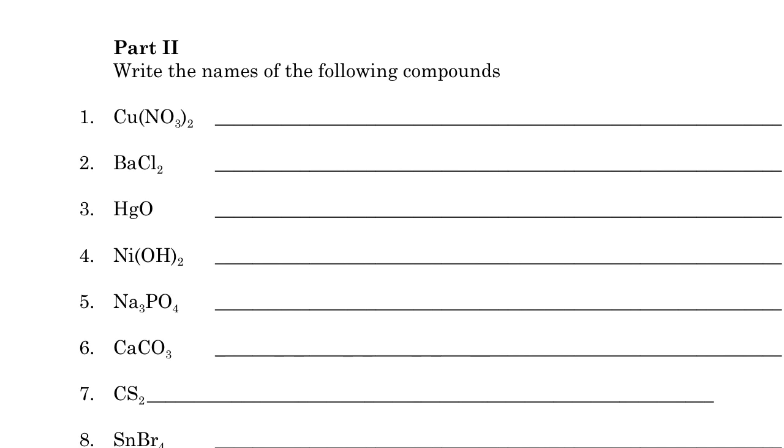I look on my sheet here and I see that nitrate has a charge of -1. There are 2 of them, so my total charge is -2, which must mean that my copper will have a +2 charge because I only have 1 copper, which means to write this, it's going to be copper 2 nitrate.